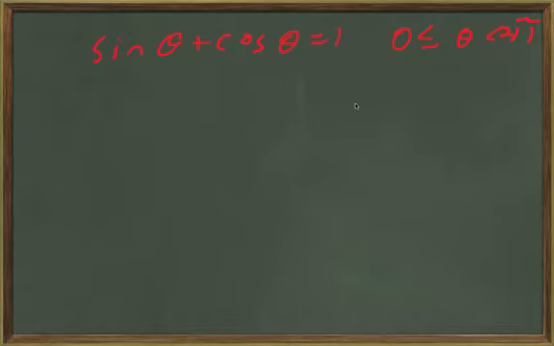Now, sine theta plus cosine theta equaling 1. Let's say we square these. That gives us (sine theta plus cosine theta) squared equaling 1.